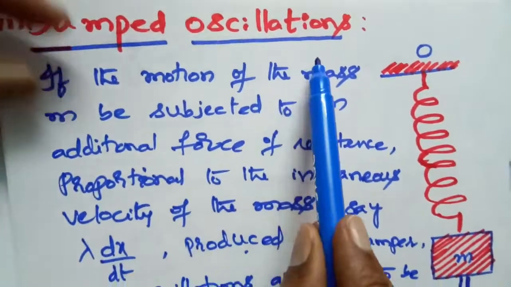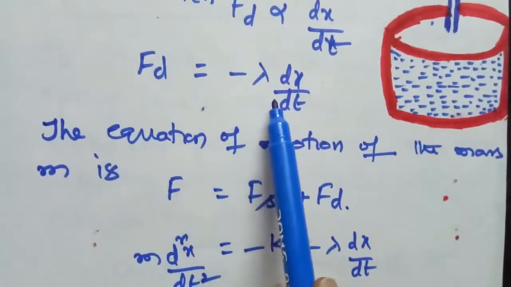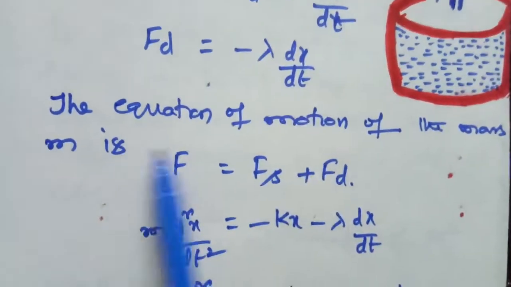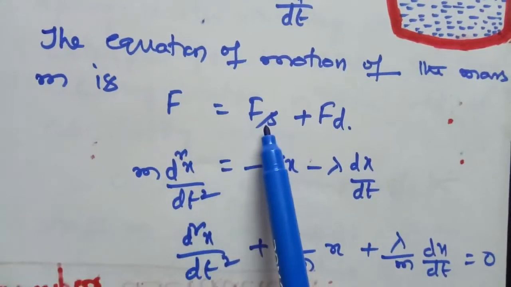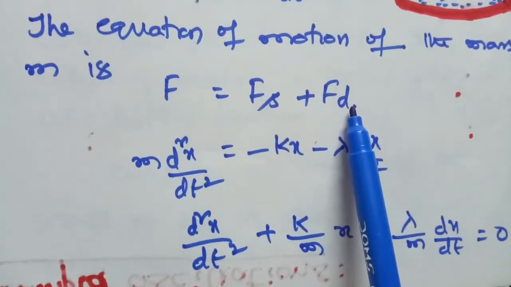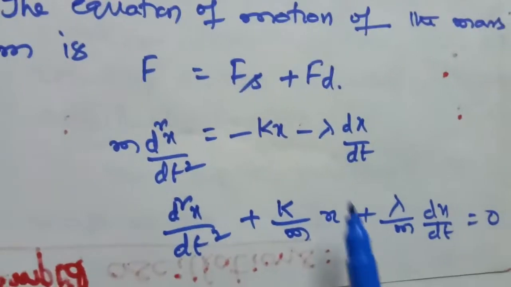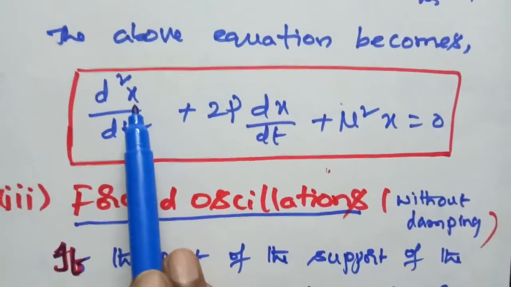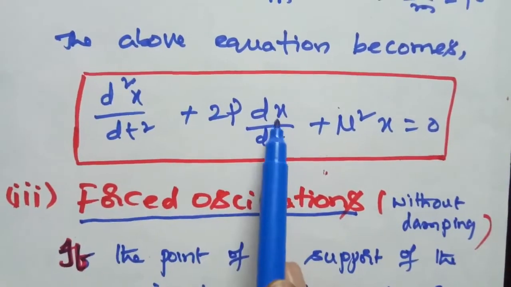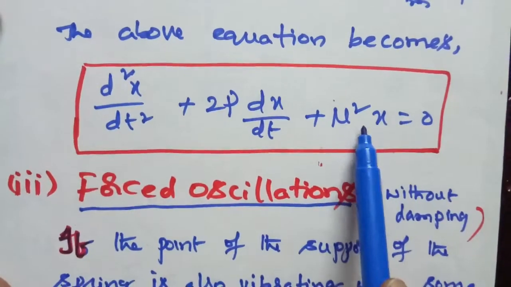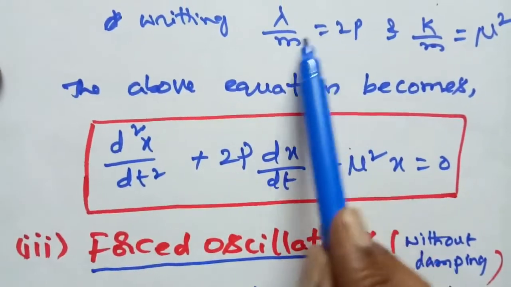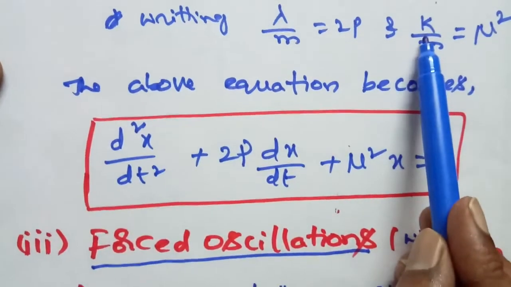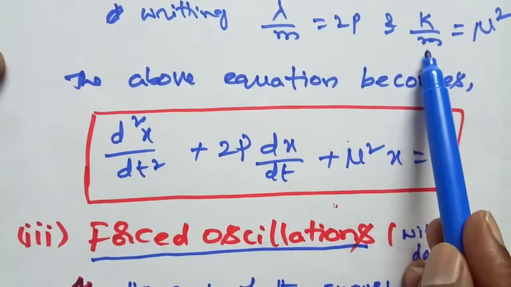In the damped oscillations, here F suffix D, the damping force, is minus lambda into dx by dt. The equation of motion of the mass m is F is equal to F suffix x plus F suffix D. By simplifying this, we proved that d square x by dt square plus 2p into dx by dt plus mu square x is equal to 0, where 2p is equal to lambda by m and mu square is equal to k by m.